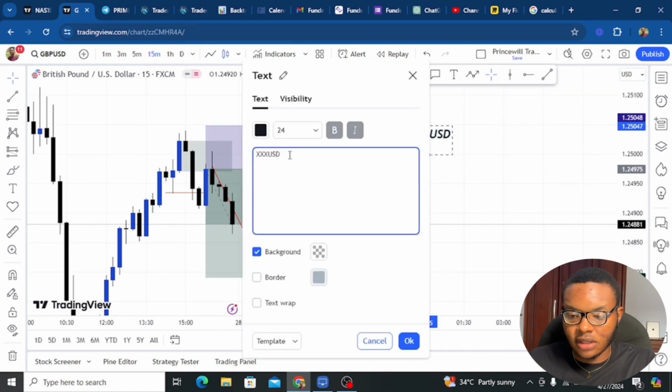It could be GBPUSD, AUDUSD, NZDUSD. GBPUSD is Great British Pound versus US dollar, AUDUSD is Australian dollar, NZDUSD is New Zealand dollar, versus the United States dollar.